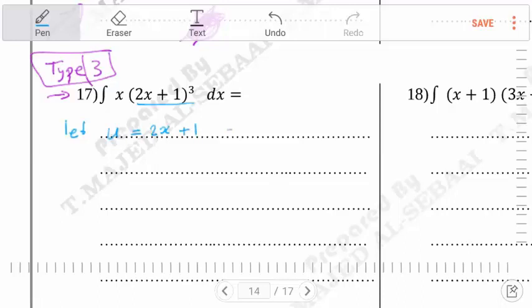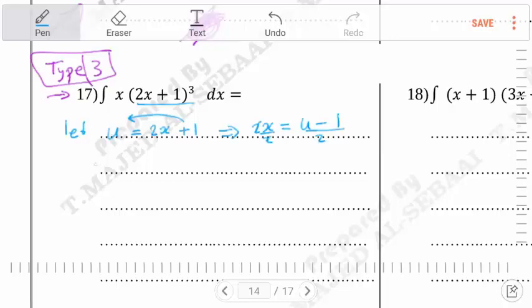How can I make x the subject? I will take 1 to be 2x equal u minus 1, right? Divide here by 2, divide here by 2. So x equal u minus 1 all over 2. You got that?